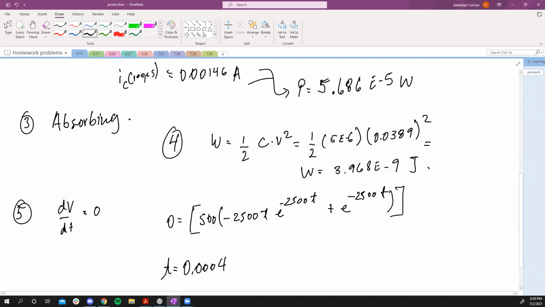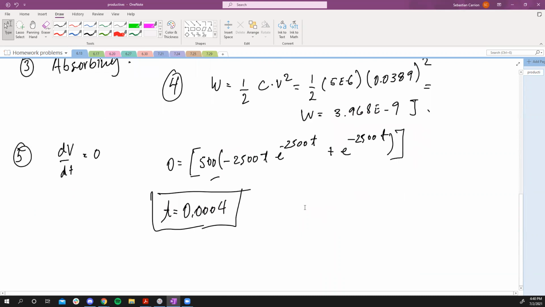Anyways, this is where our voltage is going to reach its max potential.